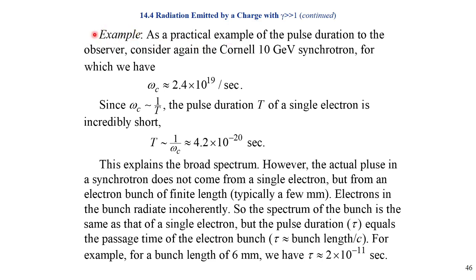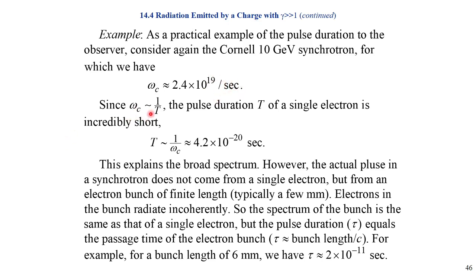So here I will give you an example to calculate the frequency again. For the pulse duration to the observer, consider again the Cornell 10 GeV synchrotron, for which omega c equals 2.4 times 10 to the 19th per second.